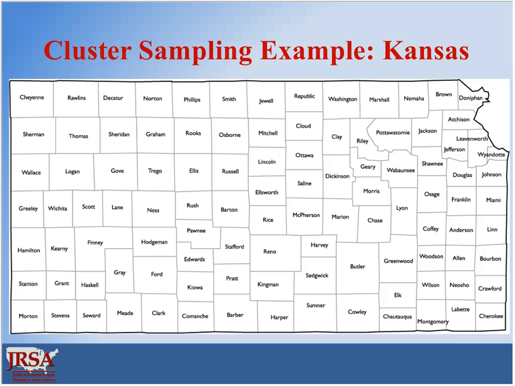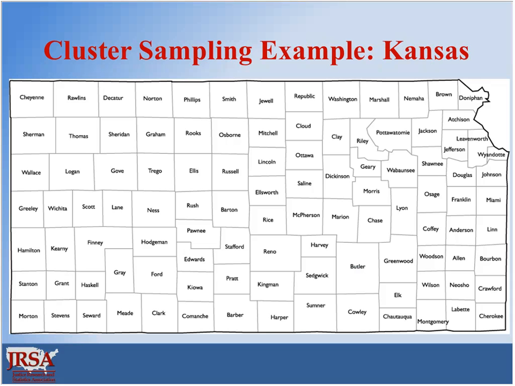So I will provide an example. Say you are interested in conducting an in-person interview with middle school students regarding bullying or school victimization. Utilizing Kansas as an example because it has 105 counties, say you would like to randomly select 25%, which is approximately 26 counties. Say you list your counties alphabetically and then number them from 1 to 105.